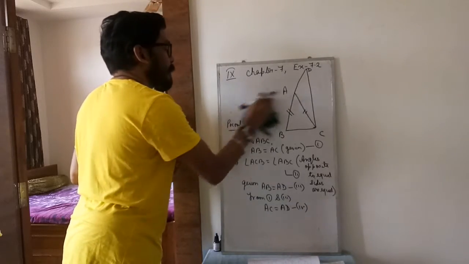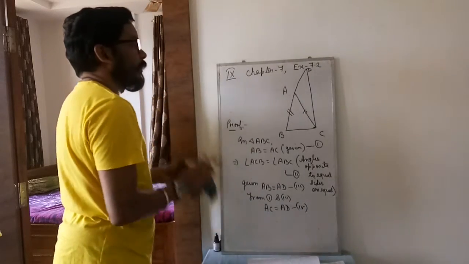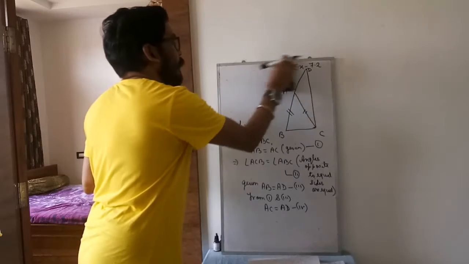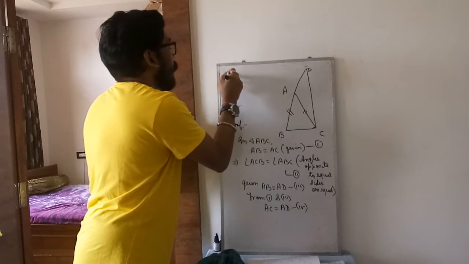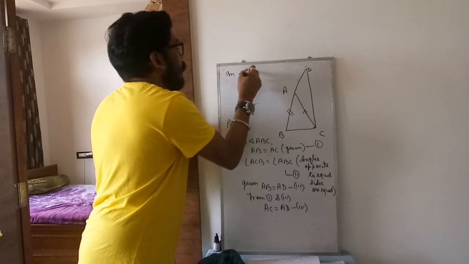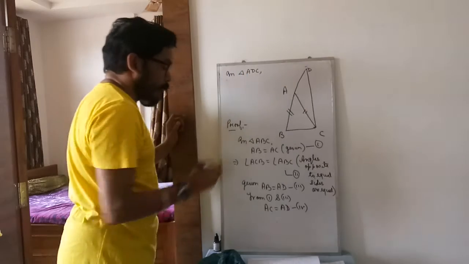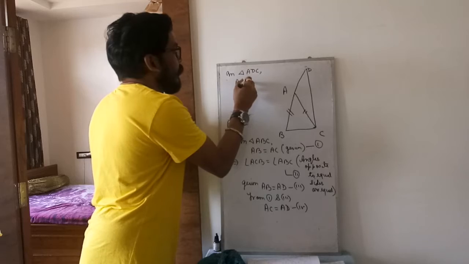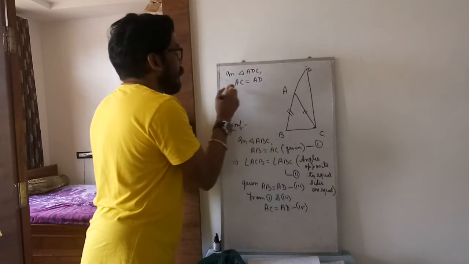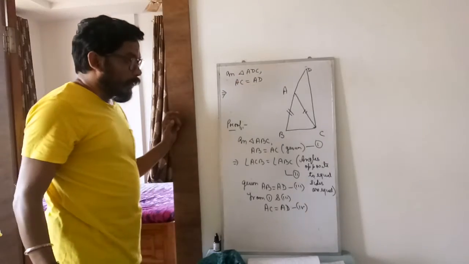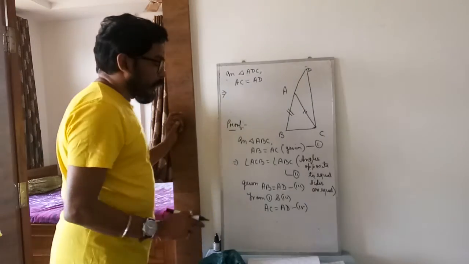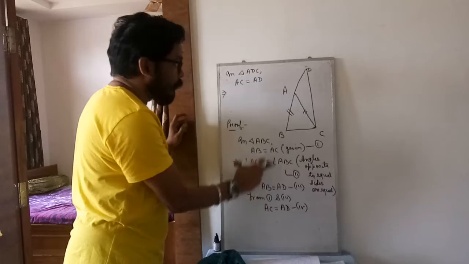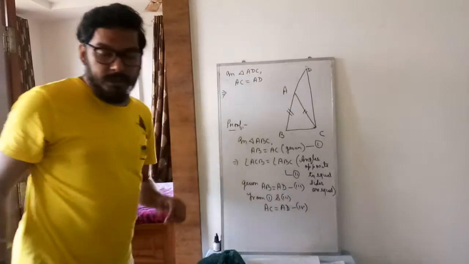Now you come to this in triangle ADC. I rub this part. In triangle ADC, what can you write? AC equal to AD. Just a minute.